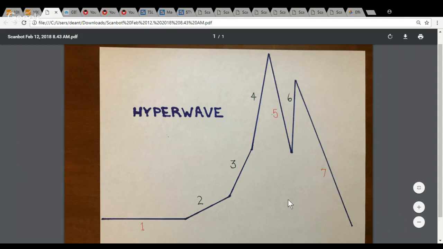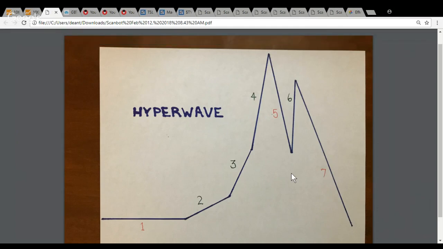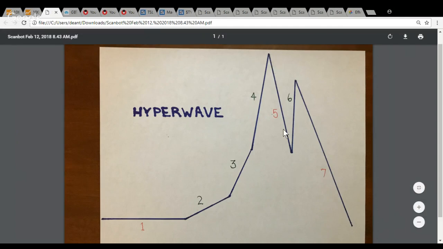But in the hyperwave itself, a phase 5 will often drop below the beginning point of phase 4, but not always. The phase 5 will often drop to the middle of phase 3, but not always. I have never seen an example in real time when the phase 5 drops all the way down to the phase 2 line.